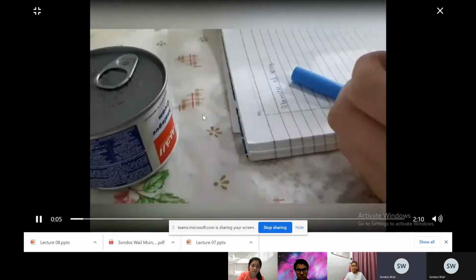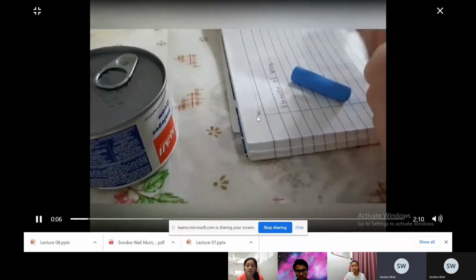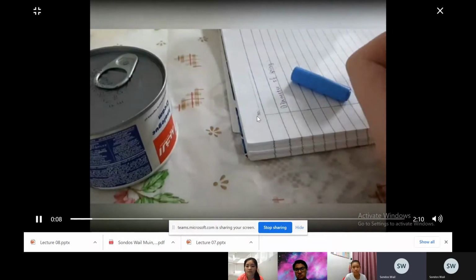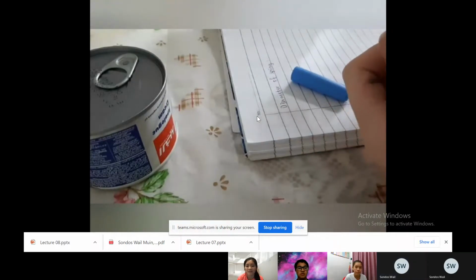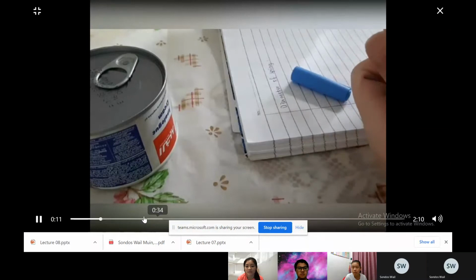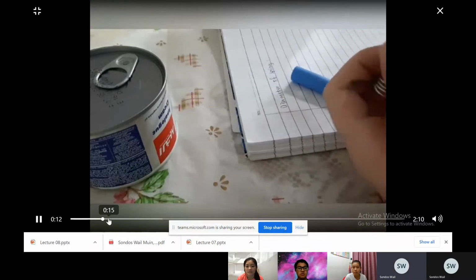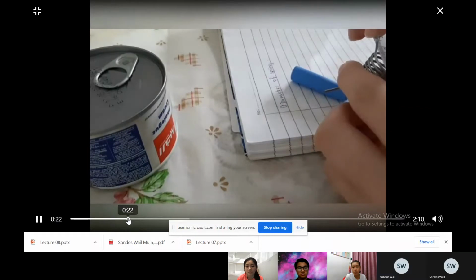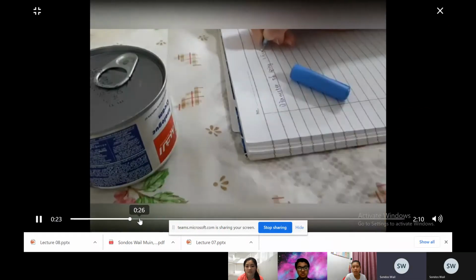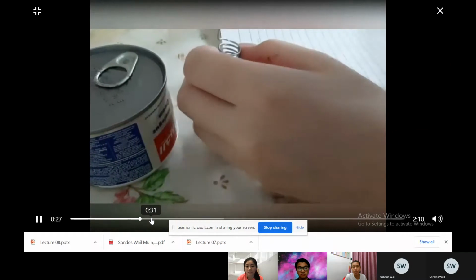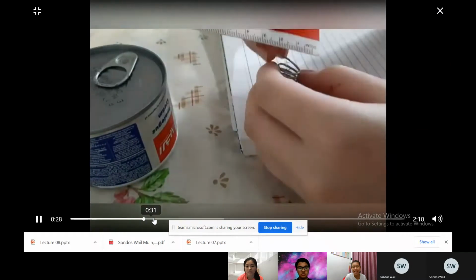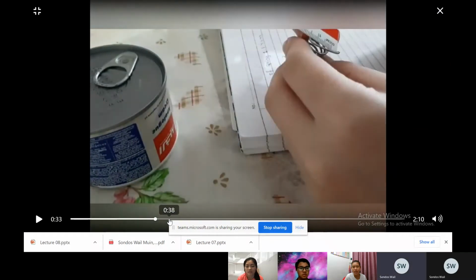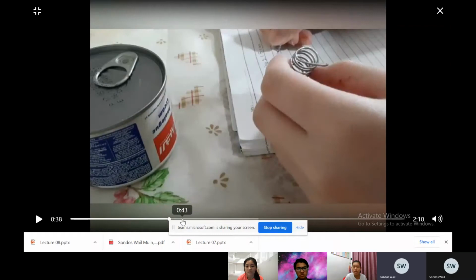So for the first string, the longer one, I measured the diameter here, so never mind. Where did you hang? Oh, okay. Sorry.